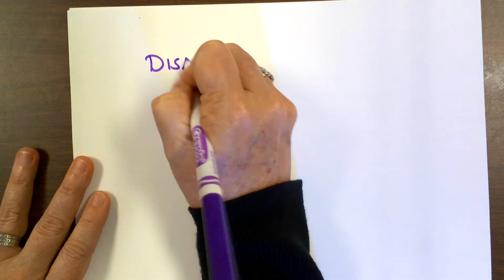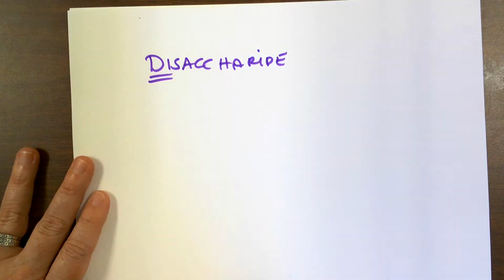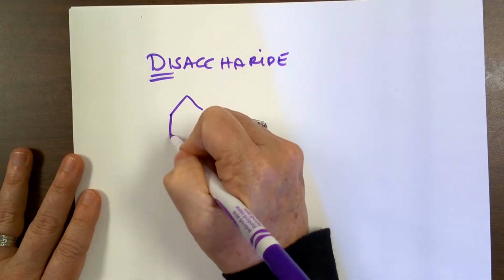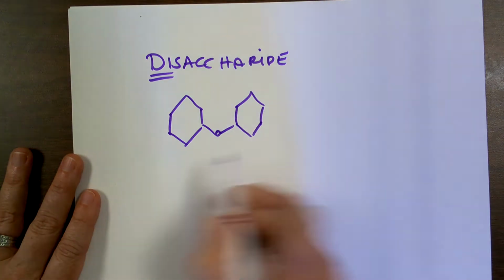All right, so monosaccharides are your simple version, but most of the food you eat is going to come in the form of a disaccharide. Di means 2, so it's going to be 2 glucose or fructose joined together.